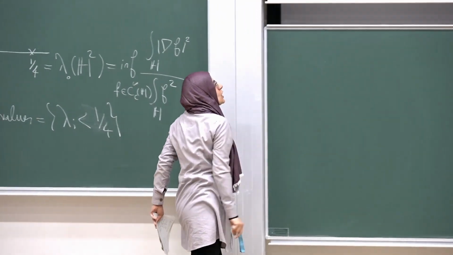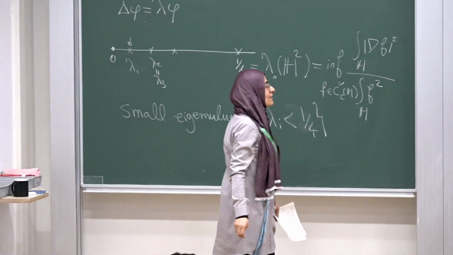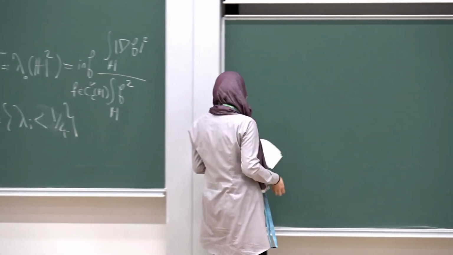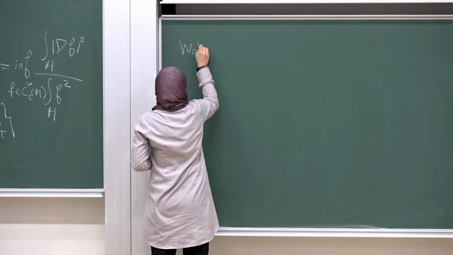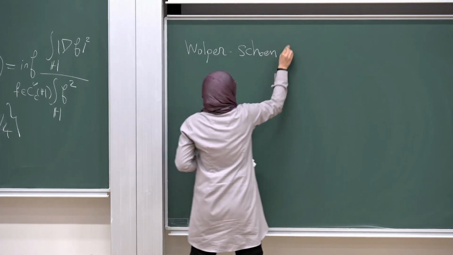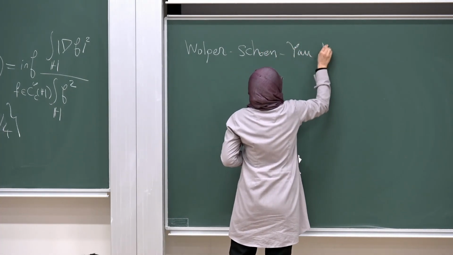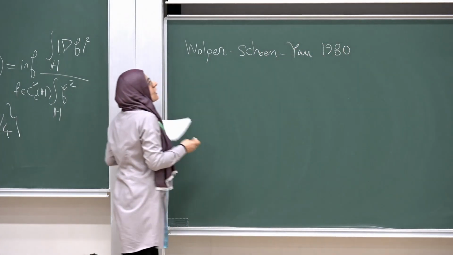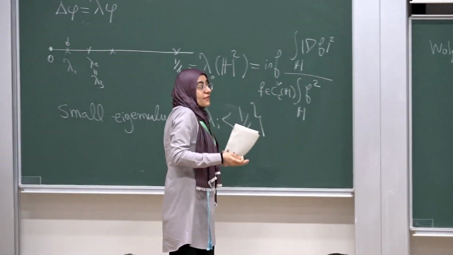Okay, so we know at least we have 2 gamma minus 3, and then Wolpert, Schoen, Wolpert, and Yau wanted to understand the rate at which they go to 0.